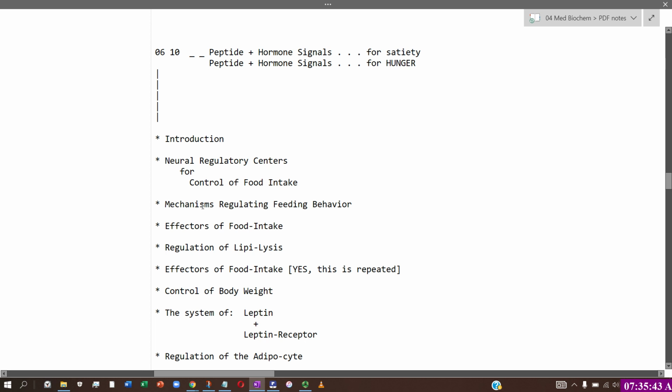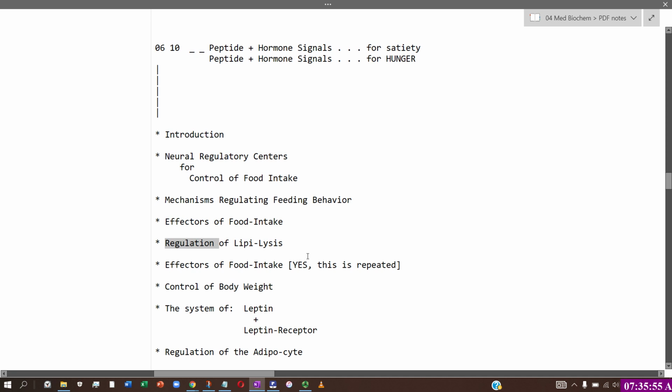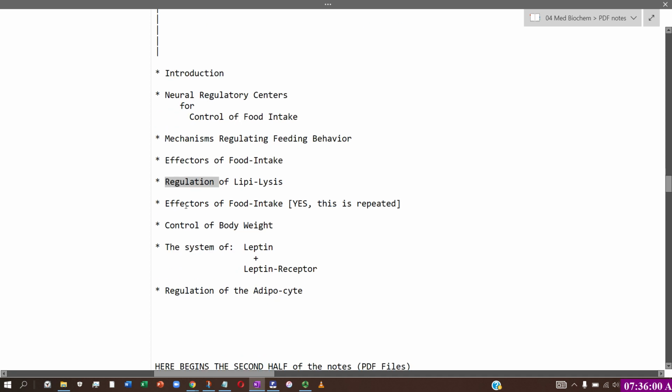After that is mechanisms regulating feeding behavior, followed by effectors of food intake. After that is regulation of lipolysis, and next is effectors of food intake. Yes, this is repeated, but doesn't seem to be a big deal.